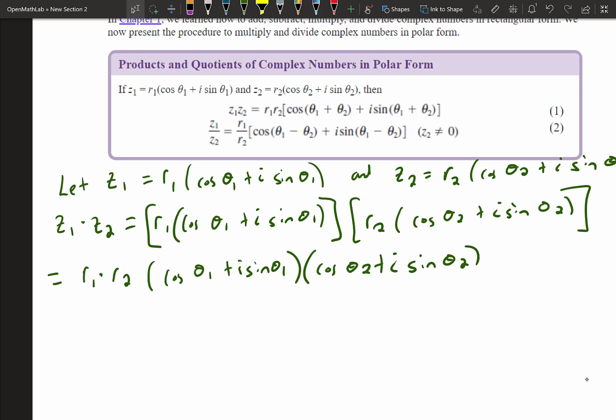So then what we would have next is we need to FOIL these two parts in parentheses.